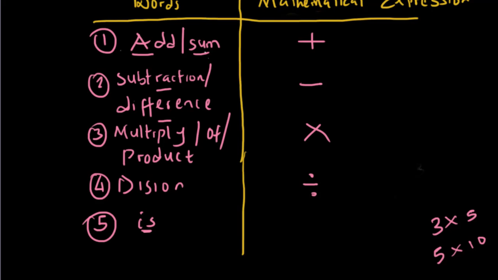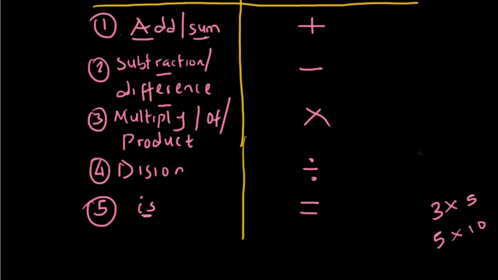Anytime you see is in a word problem, it means equals to. So for example, if I have 4 times s is 25, what that means is 4 times s equals 25. So these are the major words we have in word problems and their mathematical expressions.